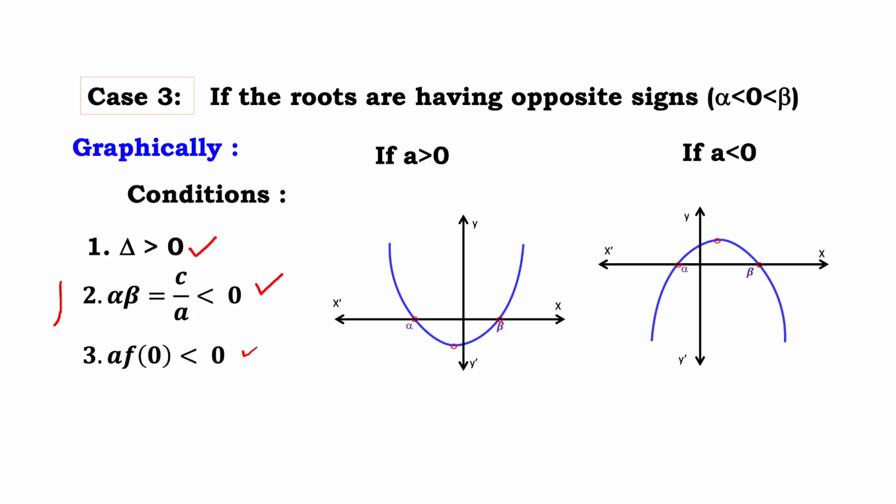And del, it's not necessary always that you have to take del, because if one root is positive, other is negative, so del must always be greater than 0. Think why? The graph for a greater than 0 is given there, and a less than 0 is this case, right? So now we are starting with taking the value k.